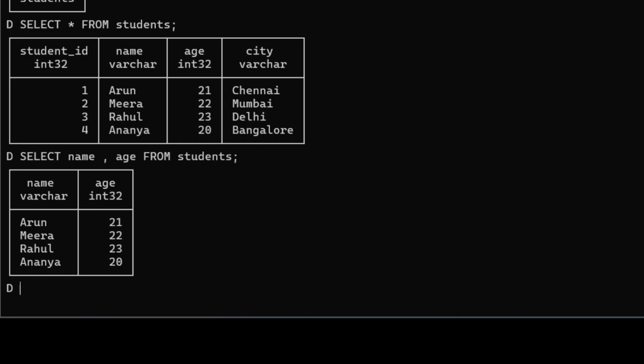So today we learned, first, we created a table using the create table query. Second, we inserted data using insert into and provided values inside parentheses. Afterward, we used the select query, which helps us retrieve data.